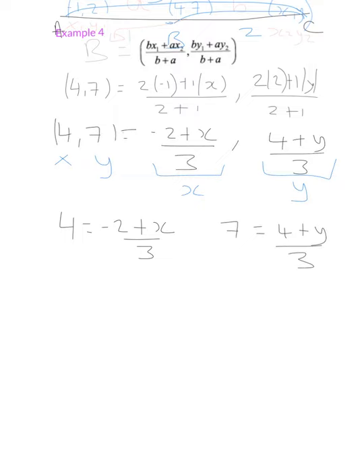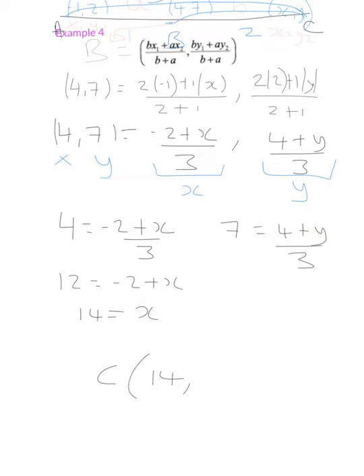Again, cross multiplying here, that will give me 12 is equal to -2 + x. So x works out to be 14. We're looking for the point C, so 14 would be my x coordinate for point C. Equating the y's, you end up with 7 is equal to (4 + y) all over 3.